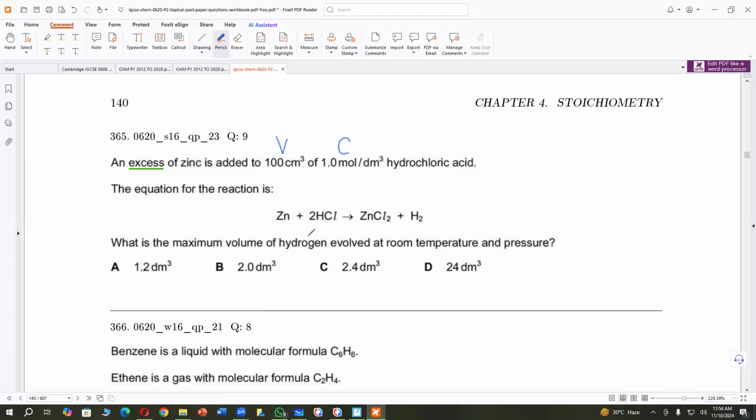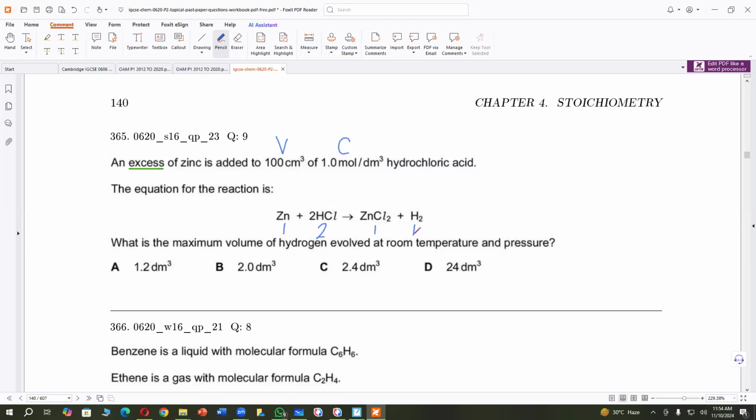The equation for the reaction is given, 1, 2, 1, 1. Again, I hope that you're writing with me. Then what's the maximum volume of hydrogen evolved at room temperature?